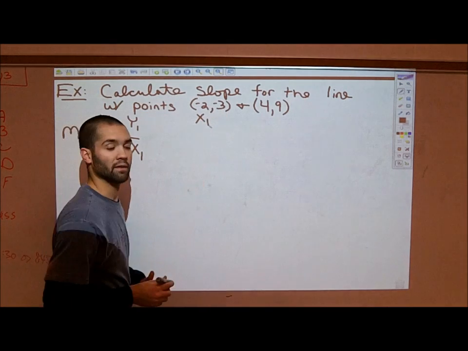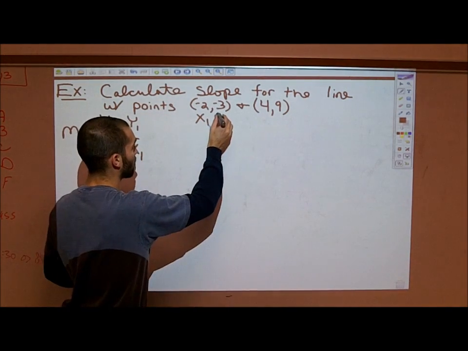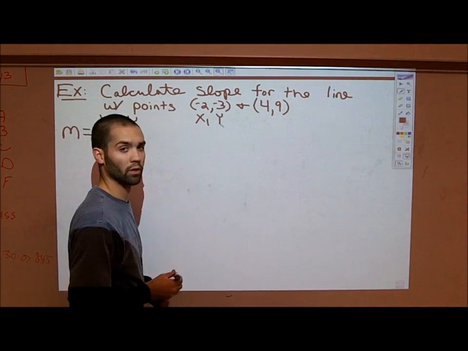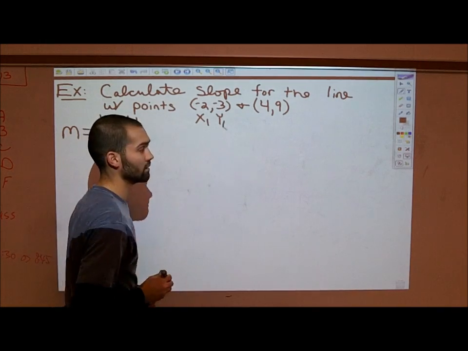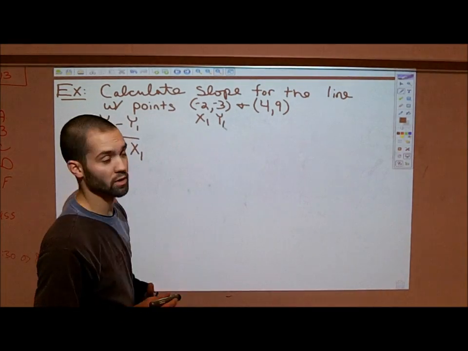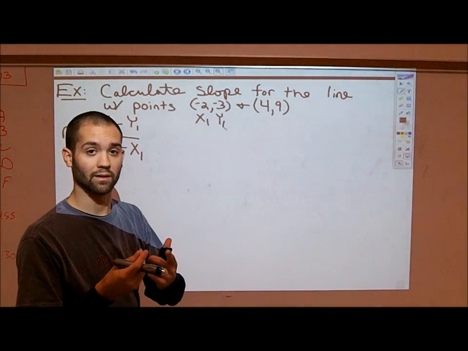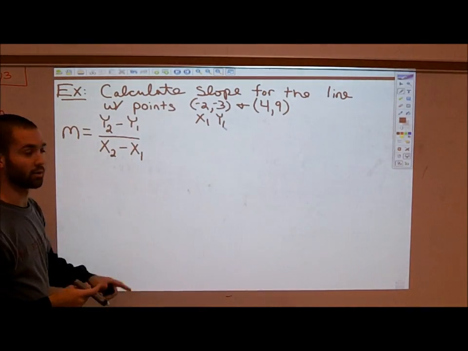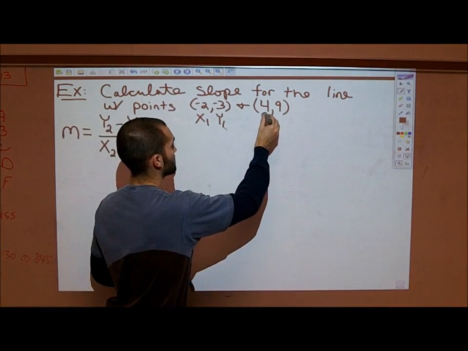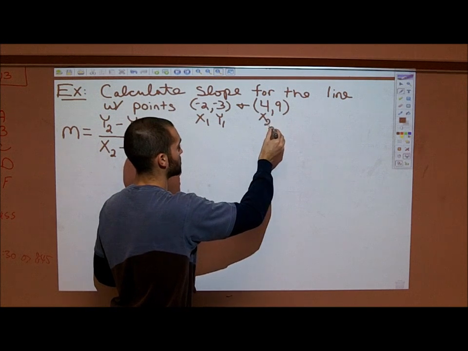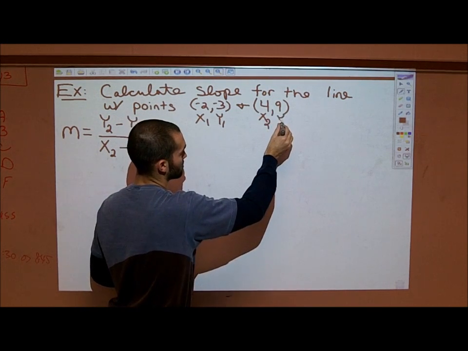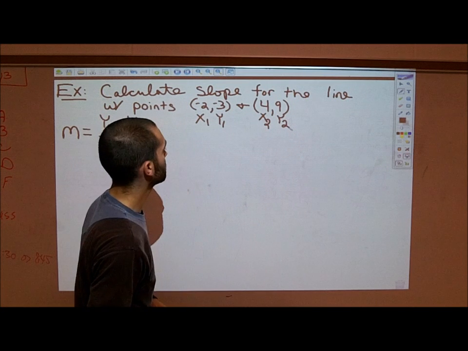We go to the -3. That's a y coordinate, so we're going to call that y1. So we have x1 and y1. Notice they're in the same point, they go together. This is our second x value, so we say that's x2, and this is y2.